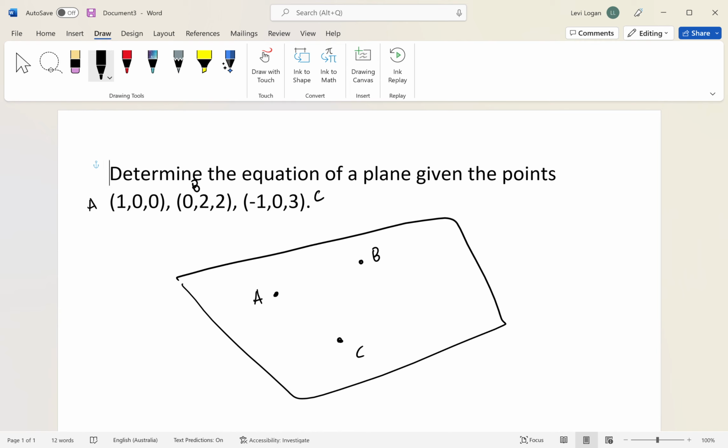The way we do that is we find the vectors AB and AC, and we find the cross product of these two vectors. Recall, if you find the cross product of two vectors, it gives you a vector perpendicular to both, which would be the normal vector, because the points A, B, and C are in the plane.